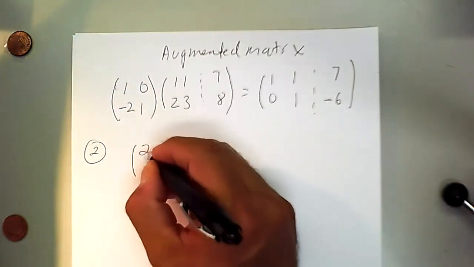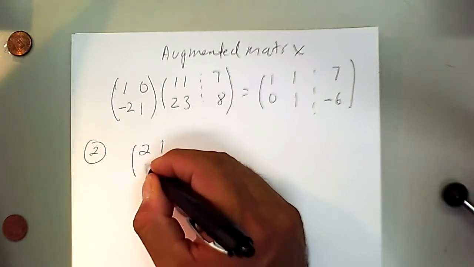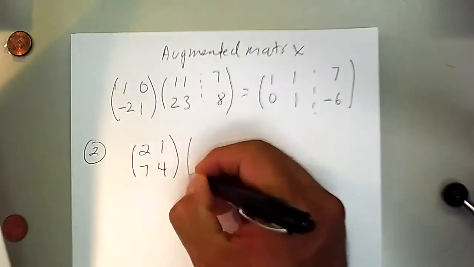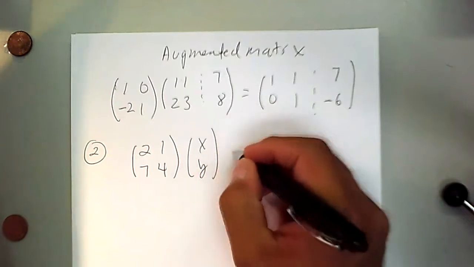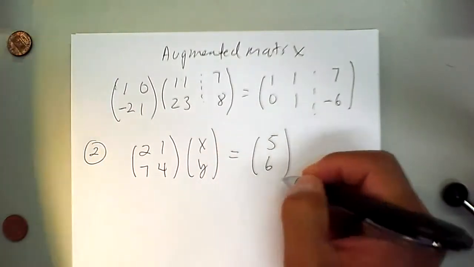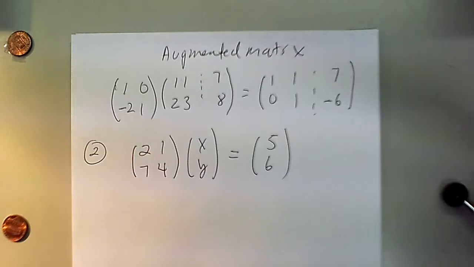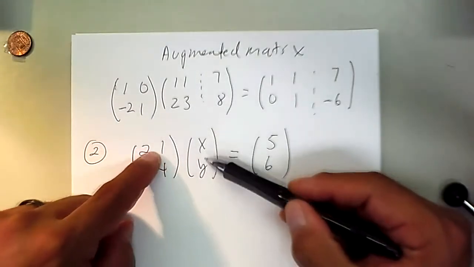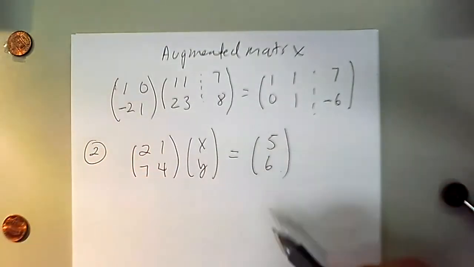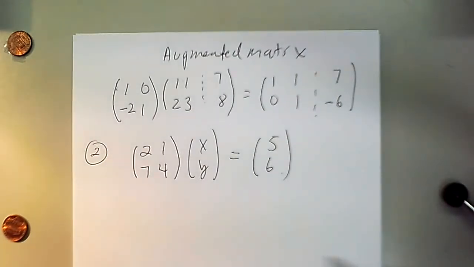This time I'm just going to write down the matrix 2, 1, 7, 4, times x, y, equals 5, 6. Remember, this really means 2x plus y equals 5, and 7x plus 4y equals 6. And we want to figure out the x and the y.